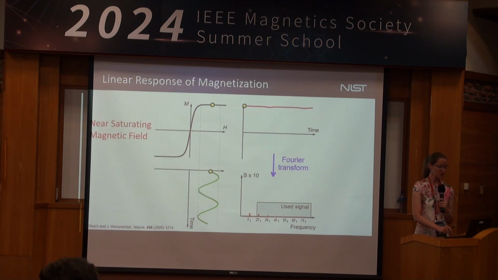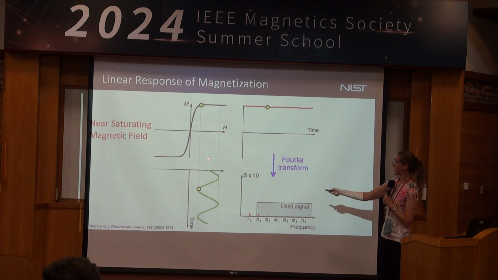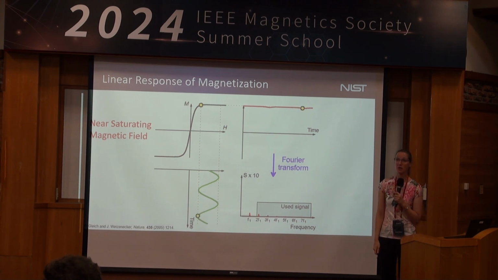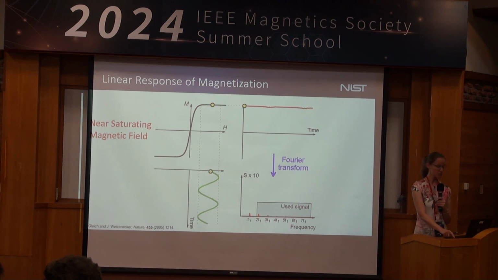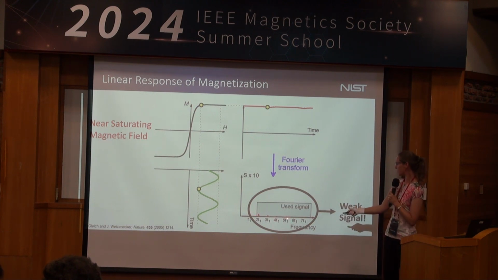If I now shift our AC magnetic field to somewhere closer to saturation, I'm still applying that AC magnetic field, but now the change in the magnetization that's going to be traced out is quite small. So again, I take a Fourier transform of that, and it's going to be a pretty weak signal because I'm not getting very much in terms of these higher order terms.